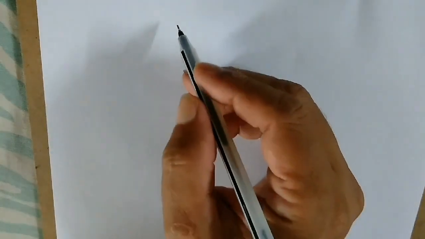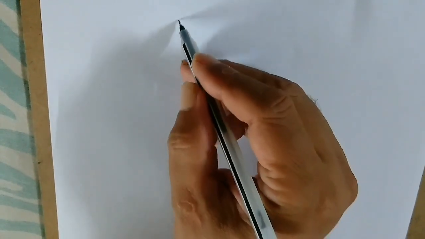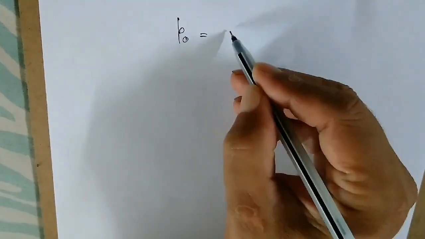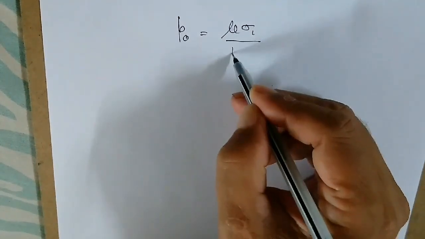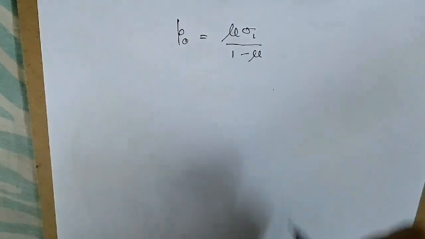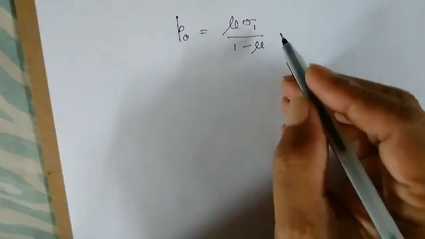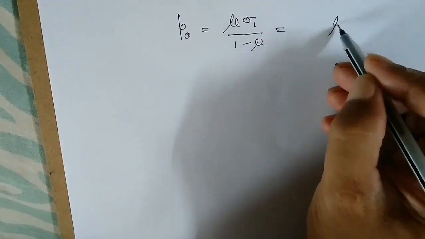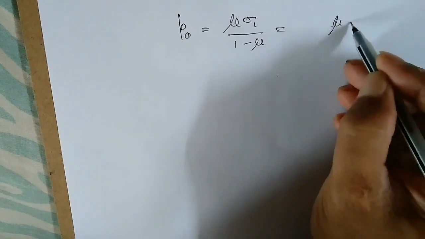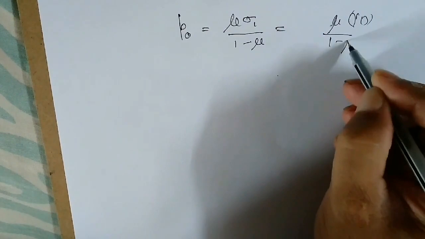Now we have been able to derive the formula for earth pressure at rest as this: P0 is equal to mu sigma 1 by 1 minus mu, where sigma 1 is the vertical pressure, which is gamma D. So P0 is gamma D times mu by 1 minus mu.